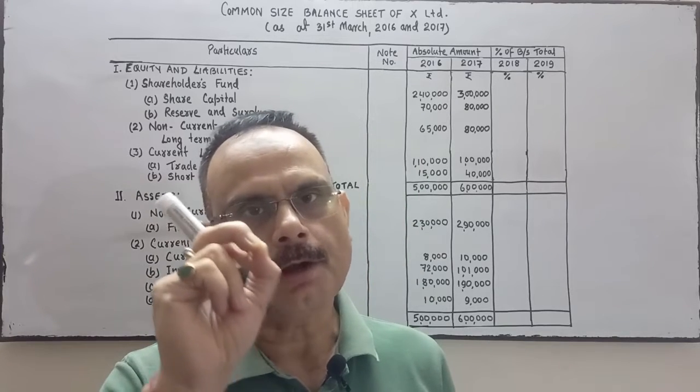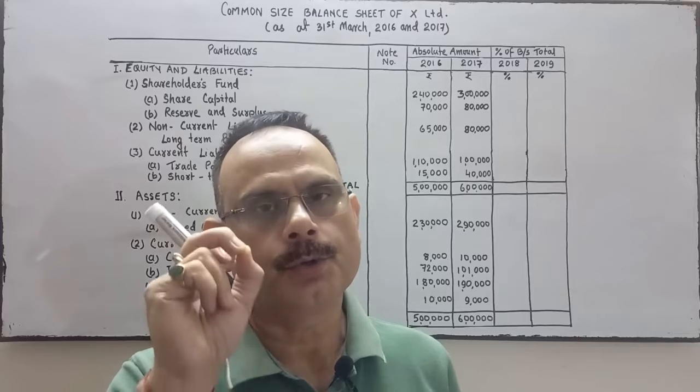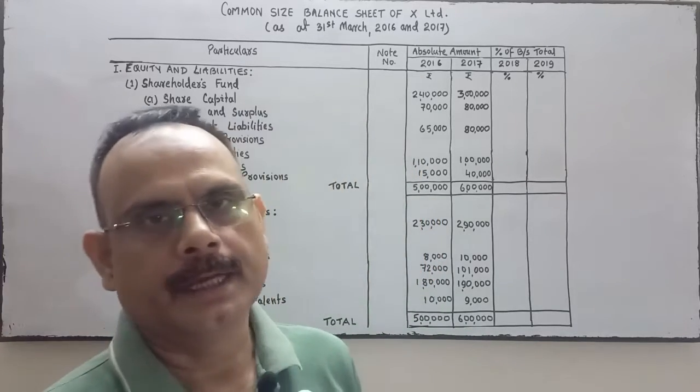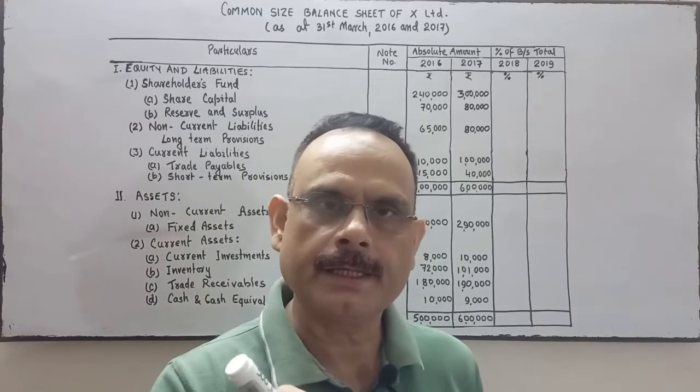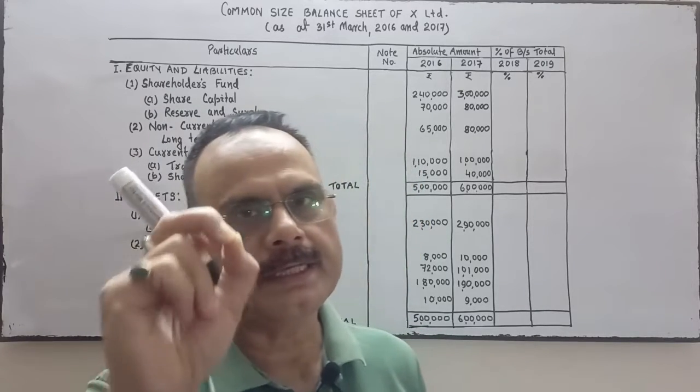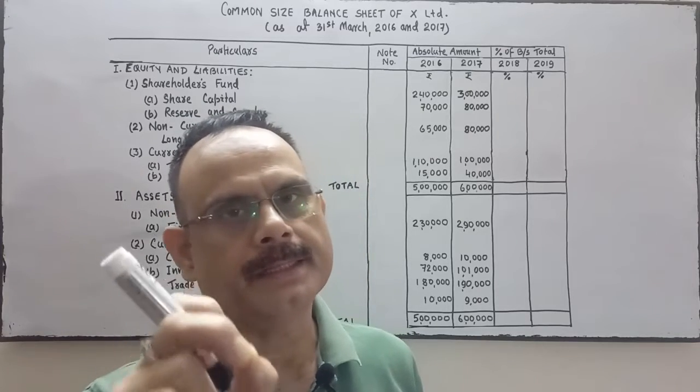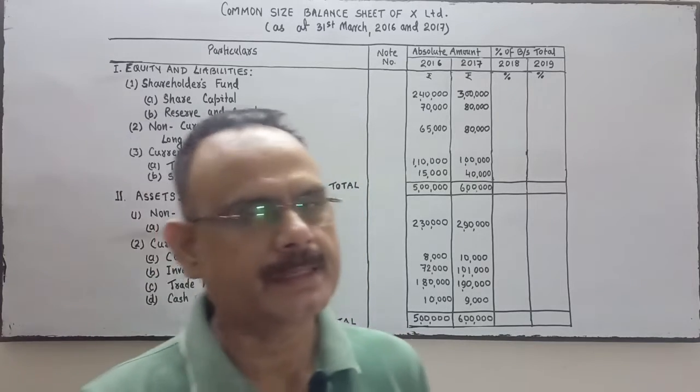So total of assets or total of equity and liability will be taken as 100, and thereafter we will calculate the percentage of each and every heading and subheading under the common size balance sheet.